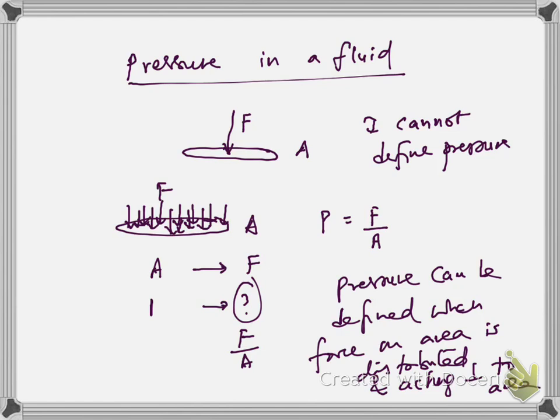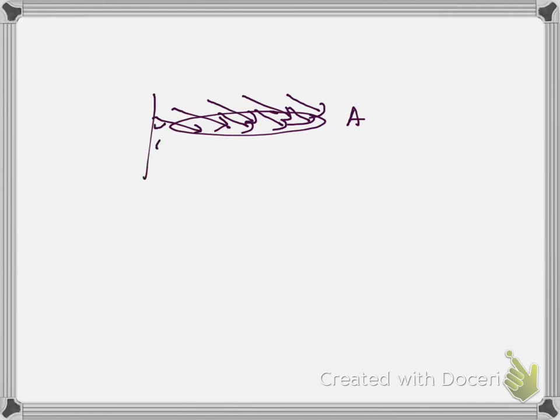So which means that suppose I have a scenario where I have a plate of area A, but the force is distributed but acting like this. It's acting in a slant way on the area. Let us say the angle this force makes with vertical is theta. Then I define pressure as this total force perpendicular to area, so F cos theta by A.